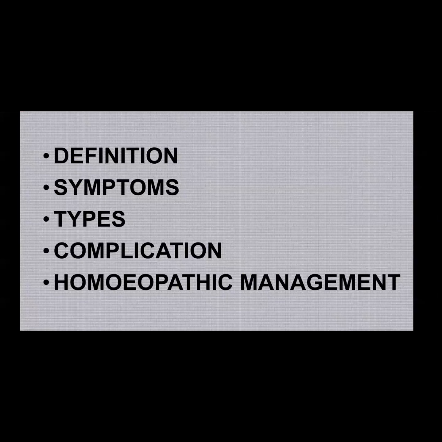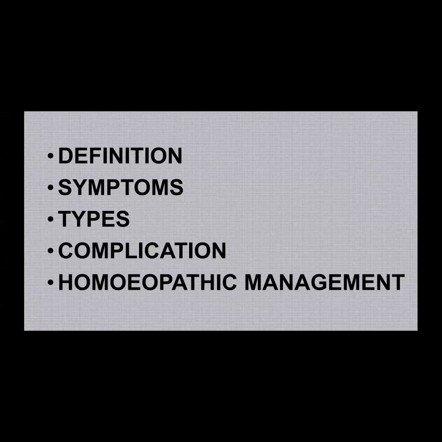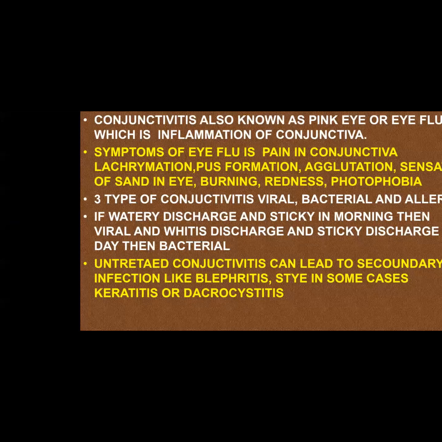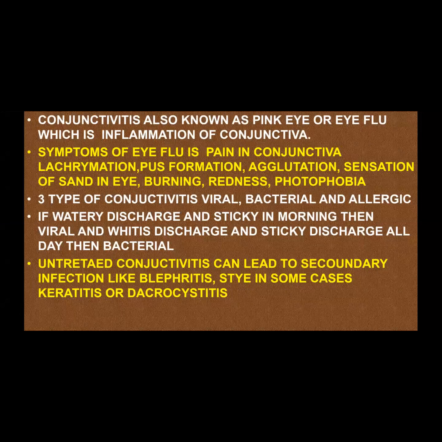So in this, we will talk about the definition, symptoms, types, complications, and the most important, that is homeopathic management. Now, conjunctivitis is basically inflammation of the conjunctiva. The inflammation of the membrane of the conjunctiva is known as conjunctivitis.